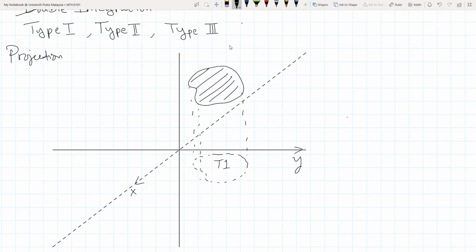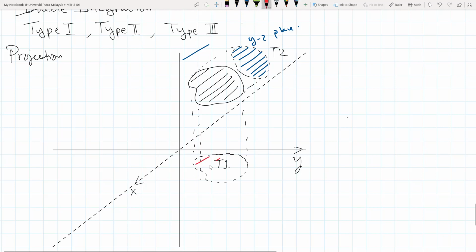And then if I have projection on y-z space, y-z plane, say on this plane. Okay, so this is on the YZ plane. This is type 2 triple integration.